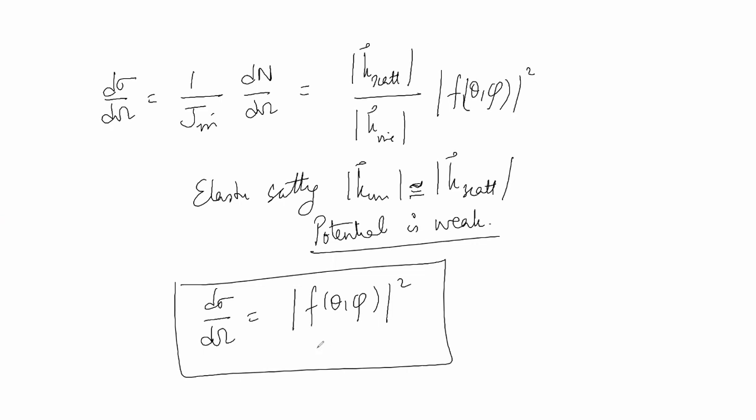But the important point is how to obtain the expression for the scattering amplitude, and this we have to learn in this unit, where various methods have been given, like Born approximation or partial wave analysis or the Glauber model, which are the different methods to write the scattering amplitude.